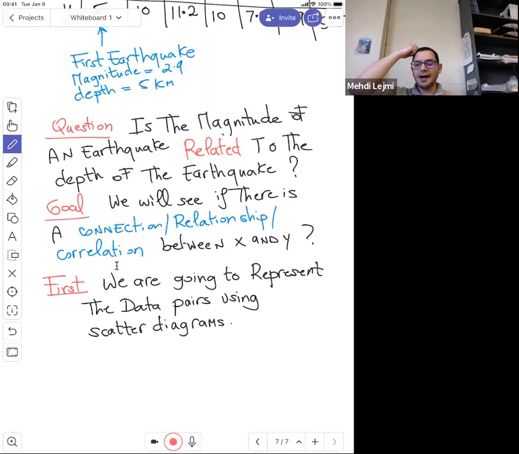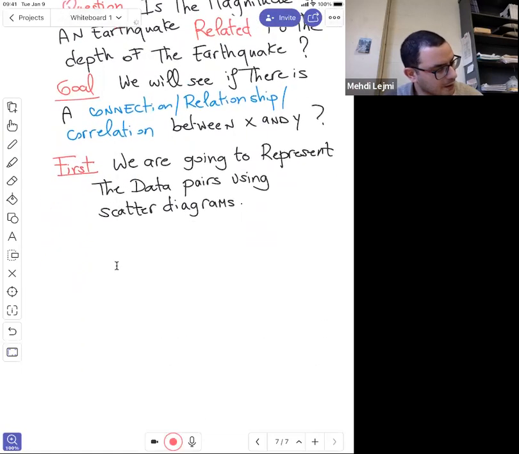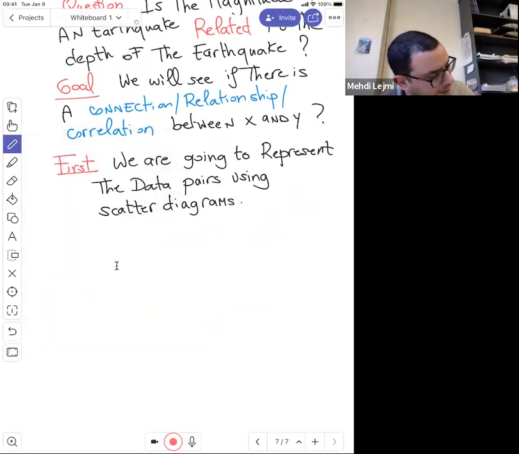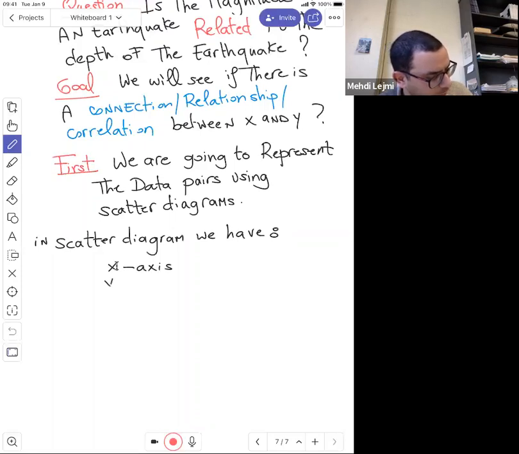So the idea with a scatter diagram, guys, is that because we have data pairs, two variables X and Y, we're going to have two axes: an x-axis and a y-axis.